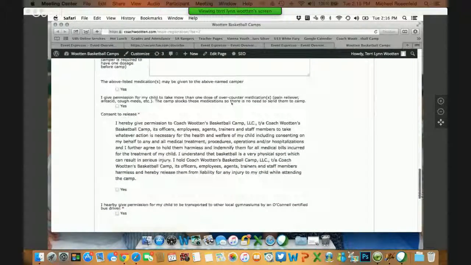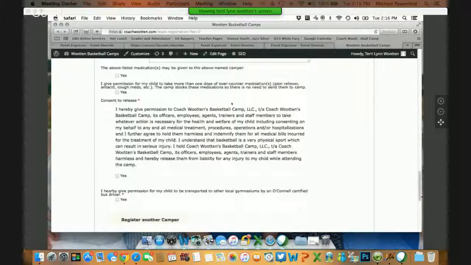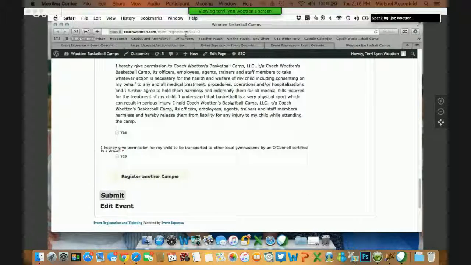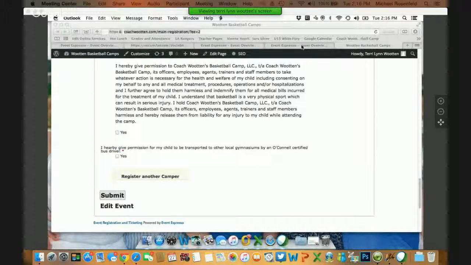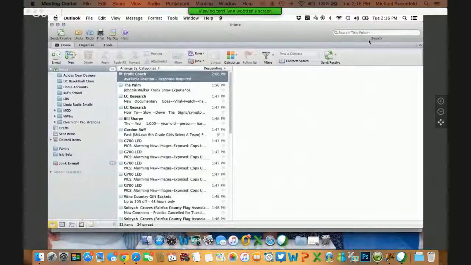And then we have two consents and releases here, as you can see. And then they would be able to do the same thing, be able to submit a second camper or a third camper. Okay.